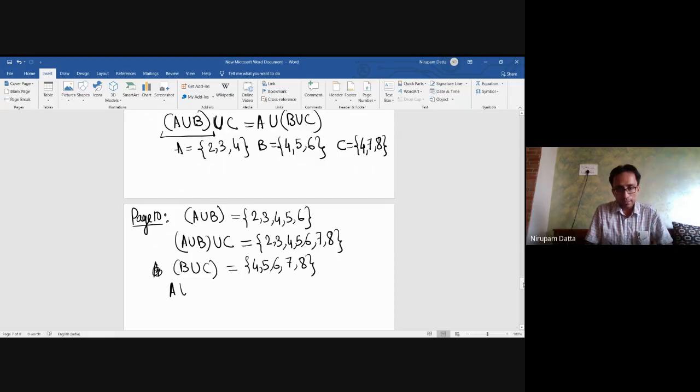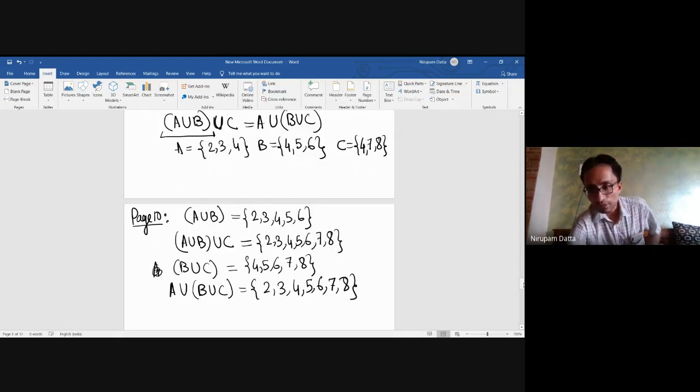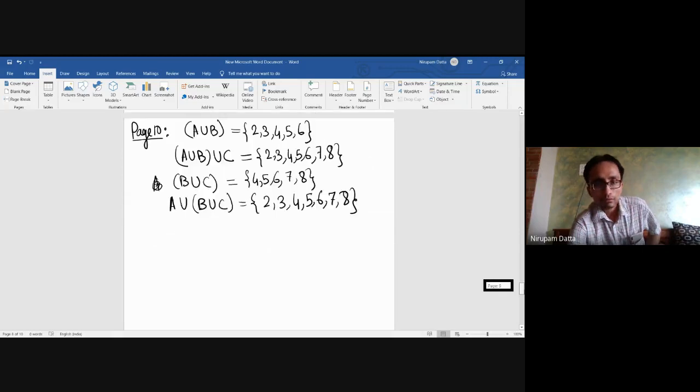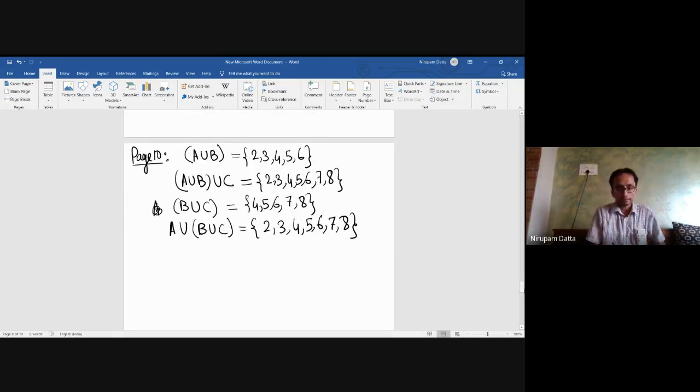Now A union with the B union C set is 2, 3, 4, 5, 6, 7, 8. So it shows very clearly that A union B union C equals A union B union C. So this is one part of the associative law.